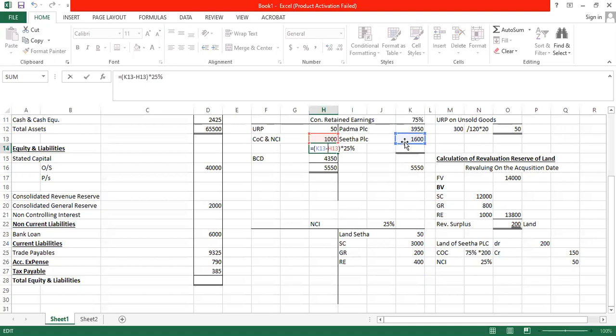We deduct 1,600 minus 1,000. The difference is 600. From that 600, we owned only 75%.